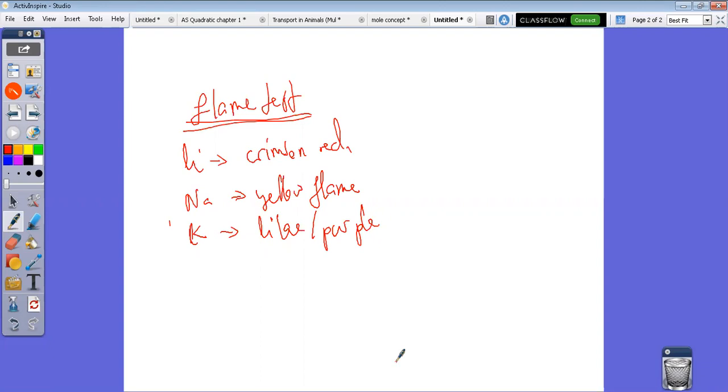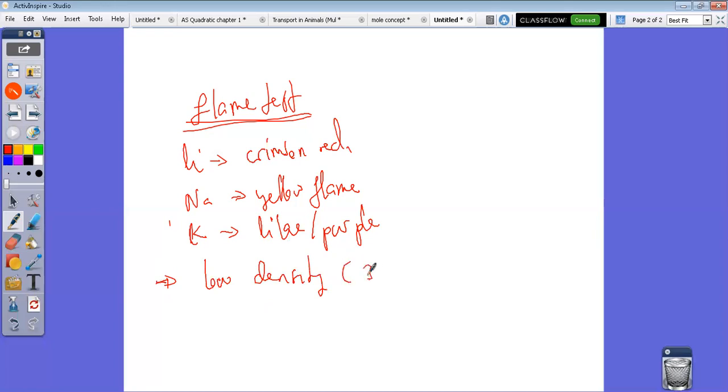Now I'm talking of the physical properties. So we said they've got low boiling points. They also have low densities. Group 1 metals have low density.